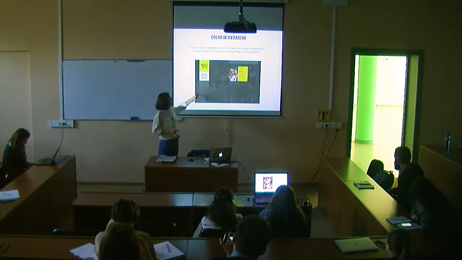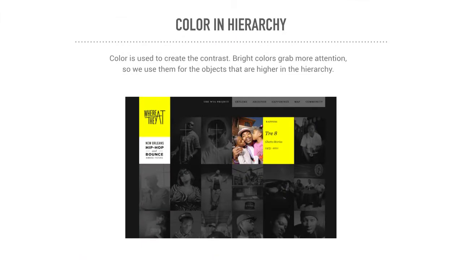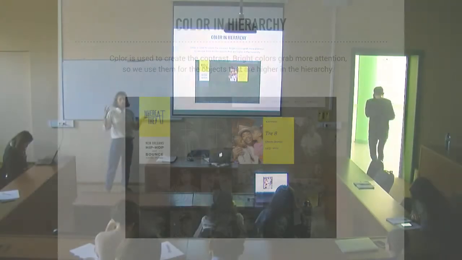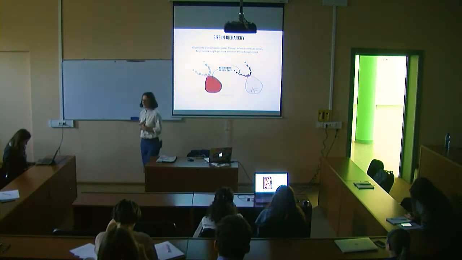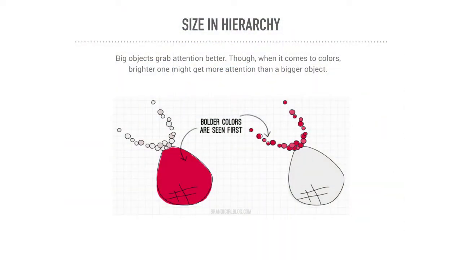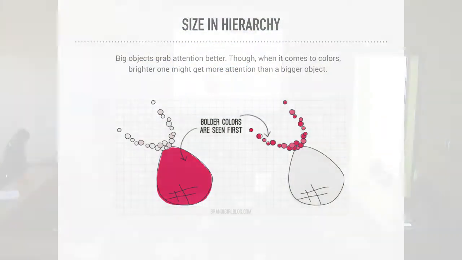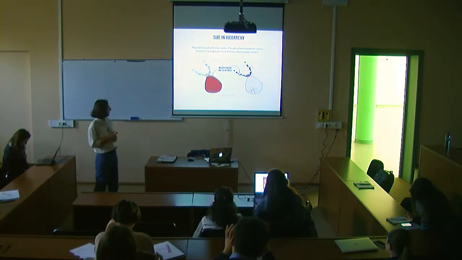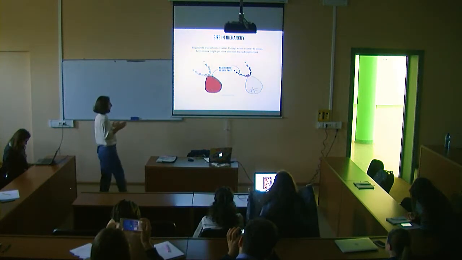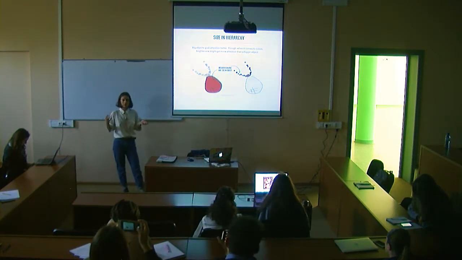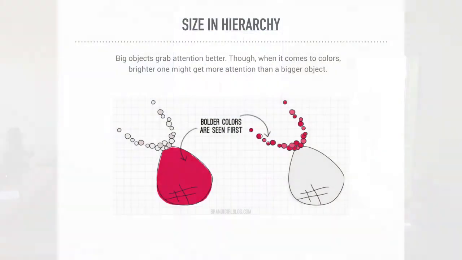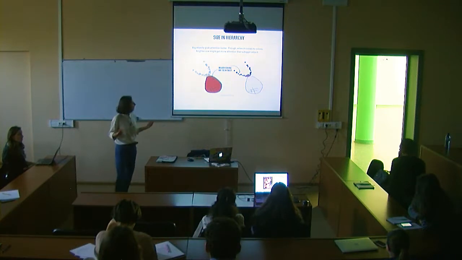This is an example of color: in this gray visual, this yellow color really attracts us. But what's going on when we have big and bright objects together? Big objects grab attention more, but when it comes to colors, if a color is really bright, it can take this attraction onto itself.